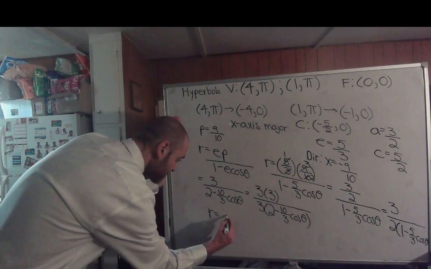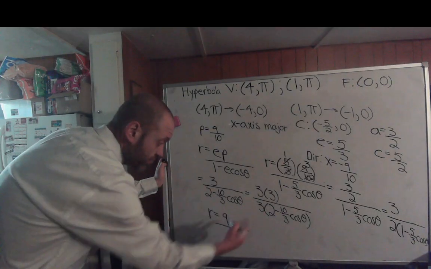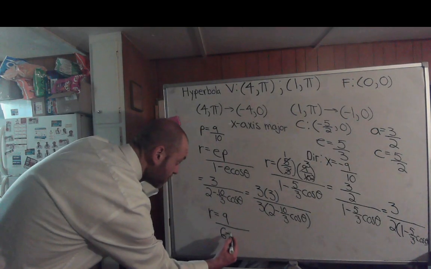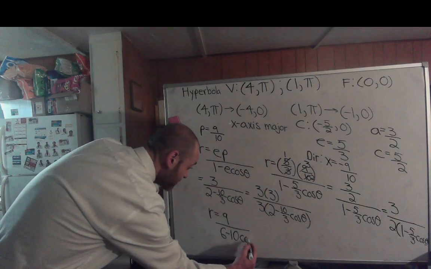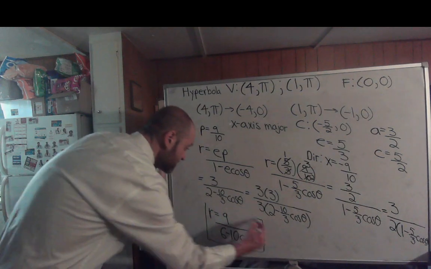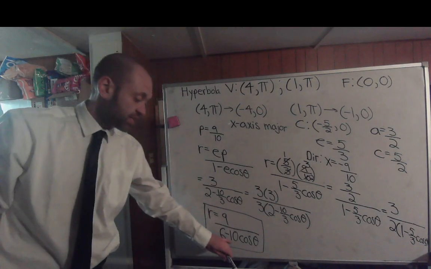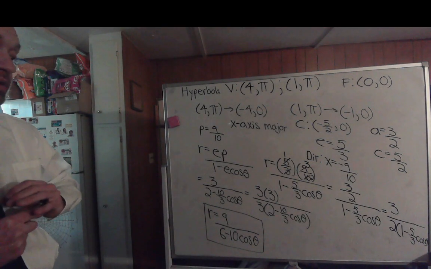So 3 times 3 is 9. All over the bottom, when you distribute, that would be 6 minus 10 cosine of theta. So the polar form of this equation would be R equals 9 all over 6 minus 10 cosine of theta.